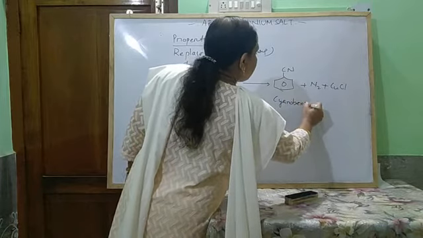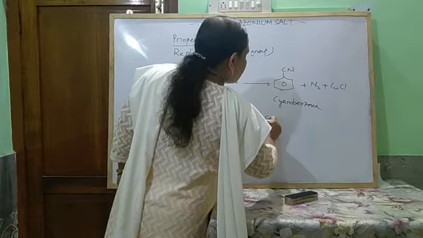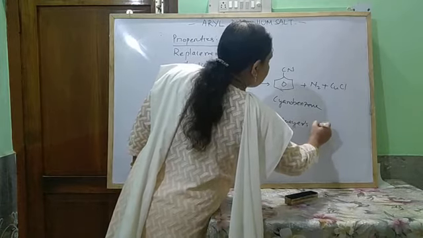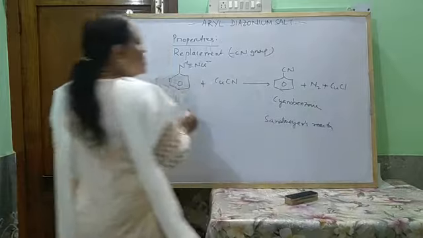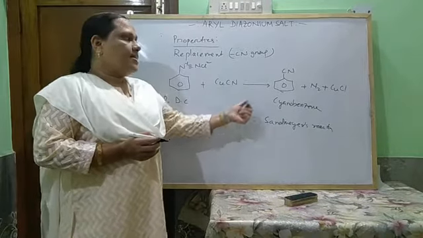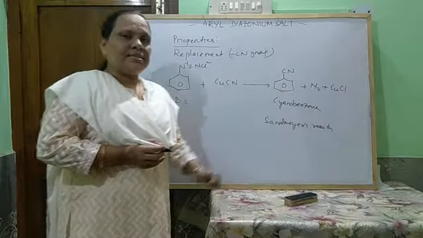This reaction is also known as Sandmeyer's reaction. So benzene diazonium chloride, when treated with cuprocyanide, forms cyanobenzene.